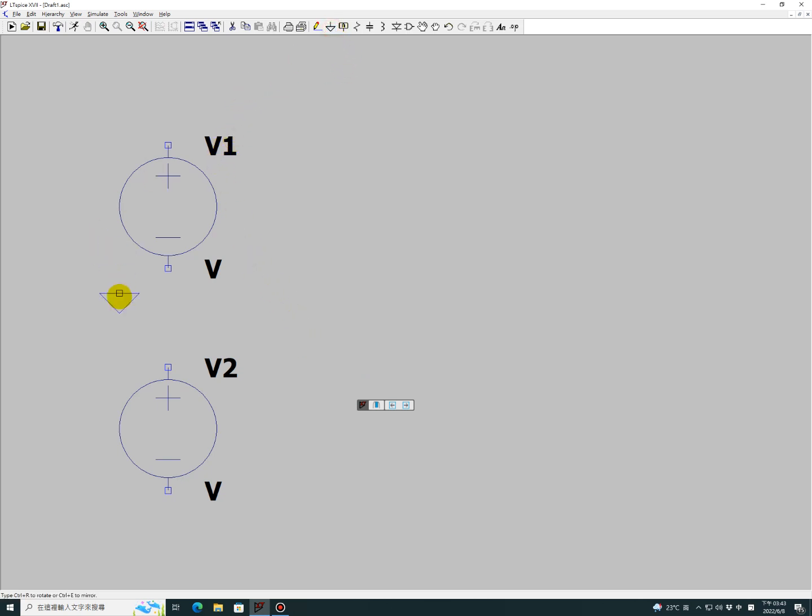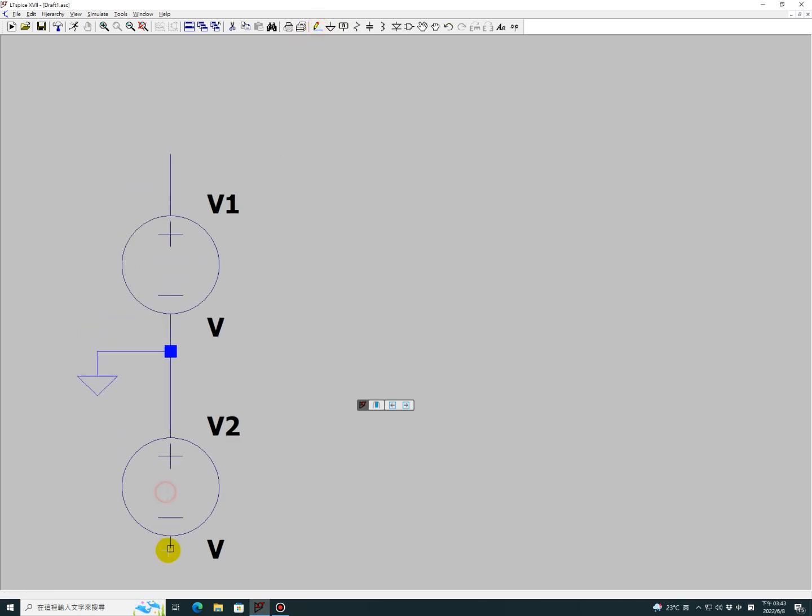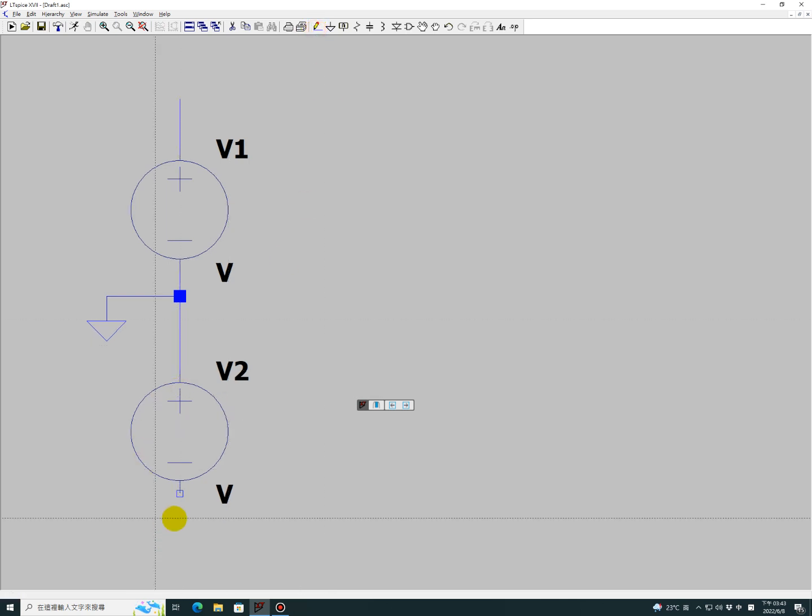So you get positive and negative supplies here, and we call the output port VCC and VEE. That's for the power supply.